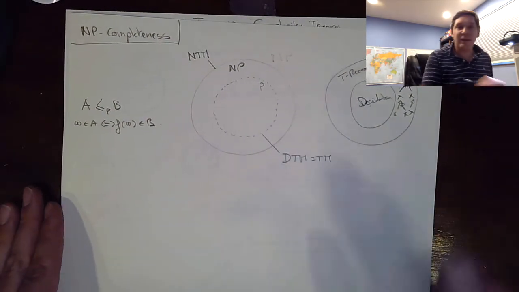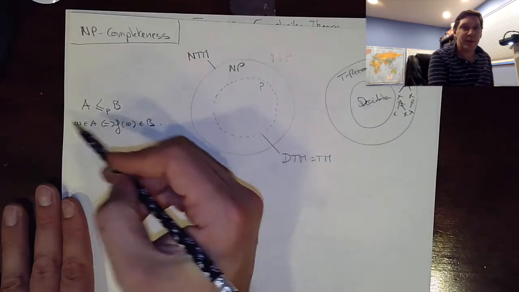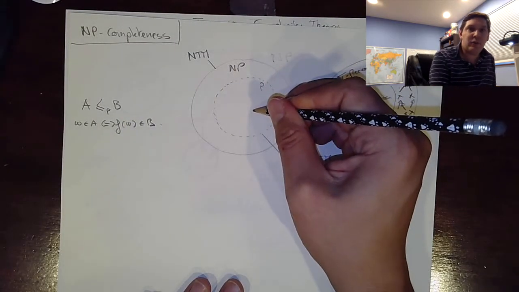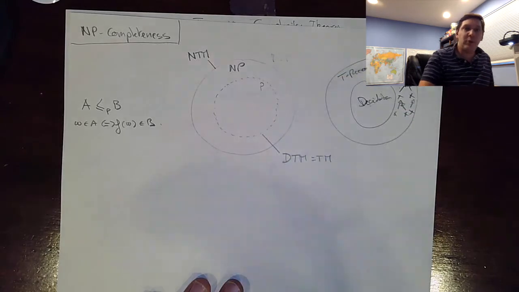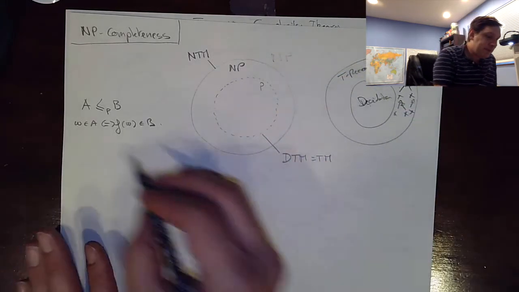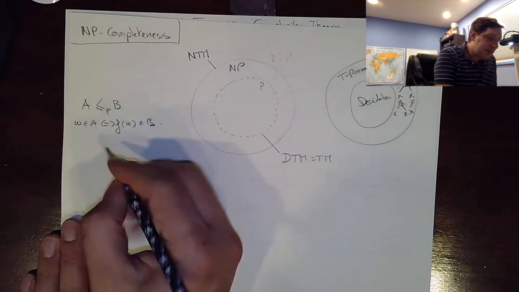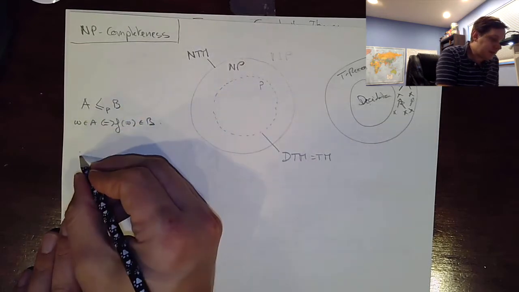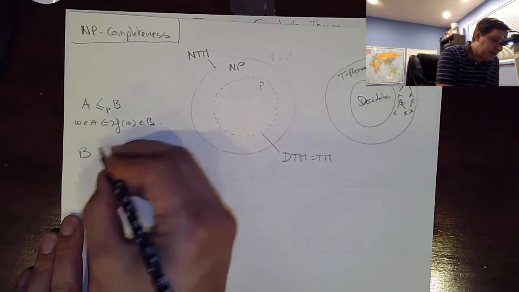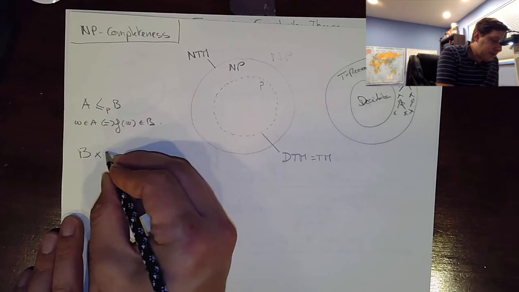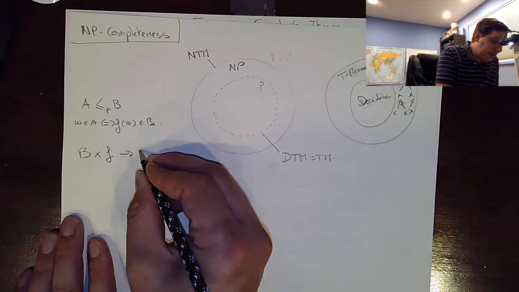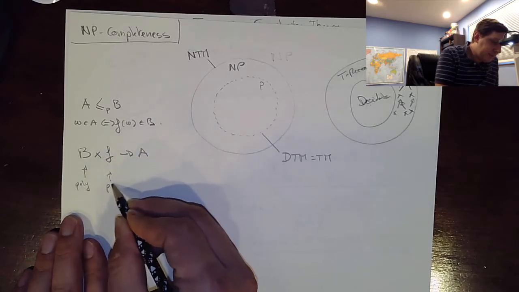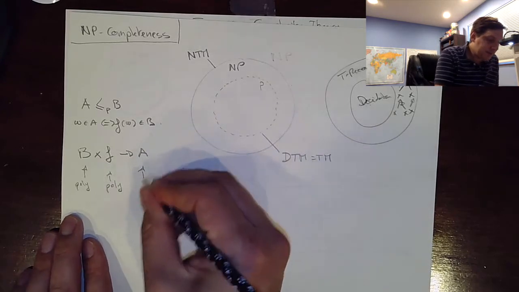In other words, if you can solve B polynomially, you can solve A polynomially. So if B is in here, you know A is in here as well, because polynomial times polynomial. Schematically, not rigorously, you have B composed with f is A. So if B is polynomial and f is polynomial, then A is necessarily polynomial.